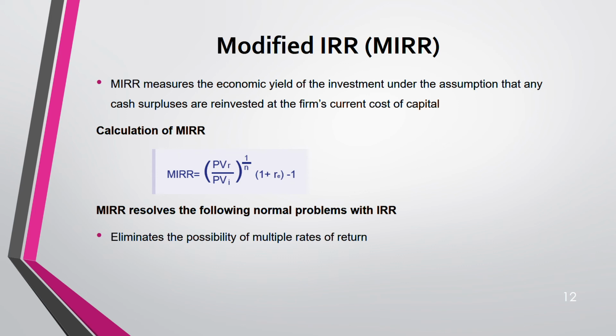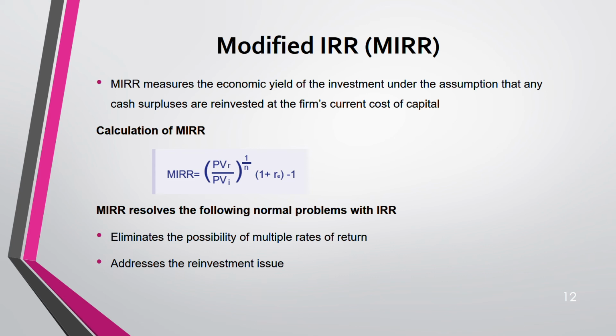So MIRR overcomes that issue. You will not have multiple MIRRs. It will always have one MIRR, like net present value. Second, it addresses the reinvestment issue. MIRR assumes cash surpluses are reinvested at the firm's cost of capital. Same for net present value also.